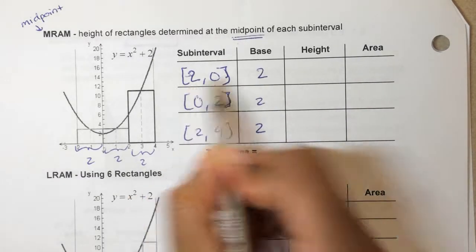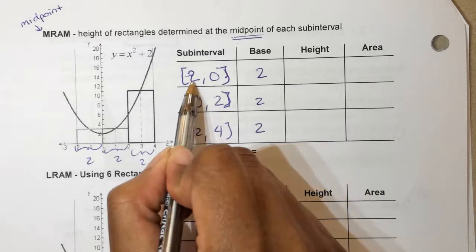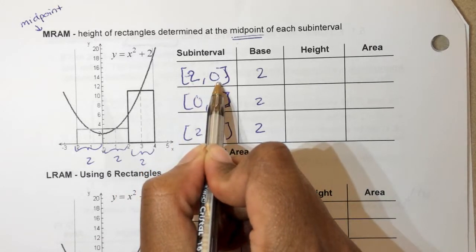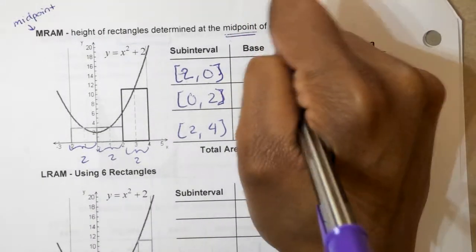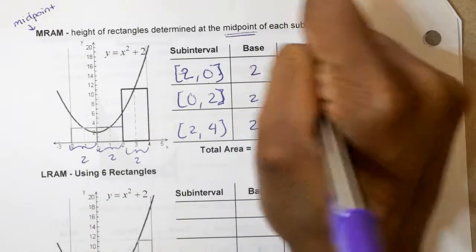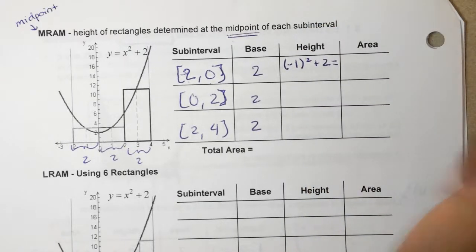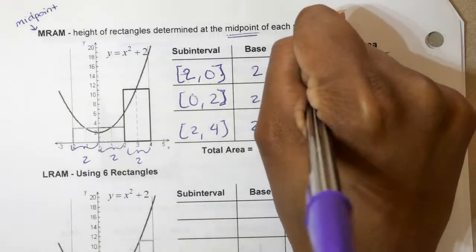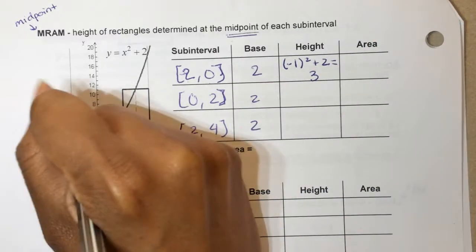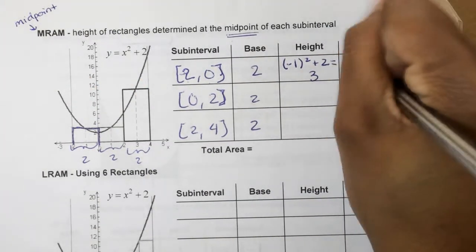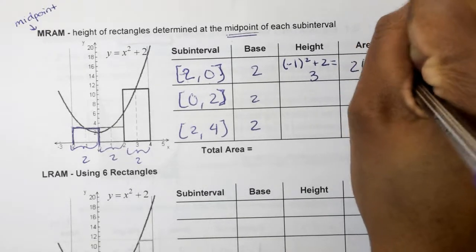So if we look here, the midpoint between -2 and 0 is -1. So we're going to plug in -1 into our equation. And that will give us 3. So our area for this first rectangle is going to be 2 times 3, which is 6.